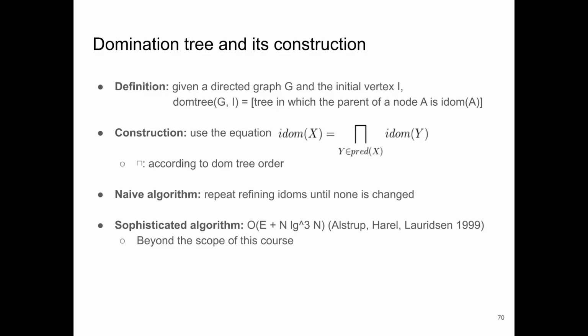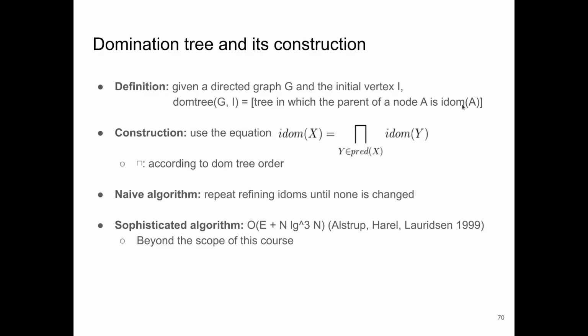And using the idom definition, we are going to present the construction algorithm of this domination relation. The domination relation is usually represented as a domination tree, a DOM tree, which is a tree in which the parent of a node A is the idom we just defined in the previous slide.